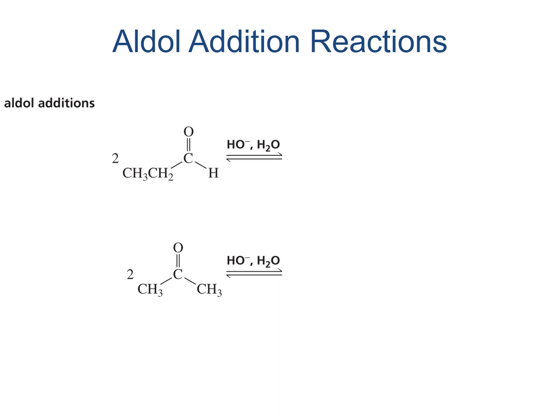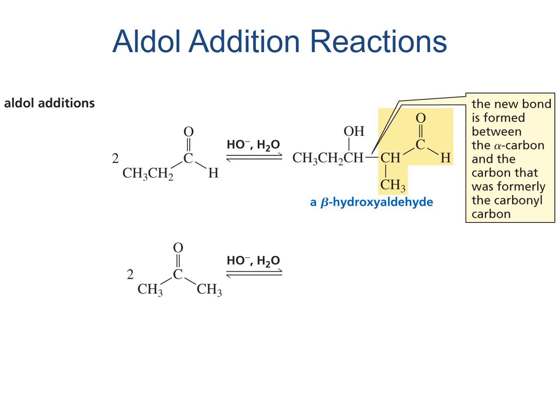The end result of these, and I have here aldehydes and ketones, is that, again, your base is going to pull off an alpha hydrogen and end up putting two of these molecules together. You'll notice that the first one is in yellow, the 3 carbons from our original aldehyde.